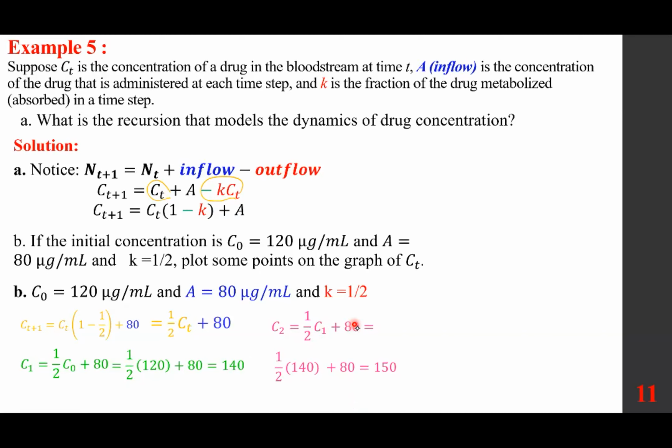Can anybody tell me the amount of C sub 3 with this recursion formula? We got C sub 1, we got C sub 2. Can anybody tell me what is C sub 3? Anybody?